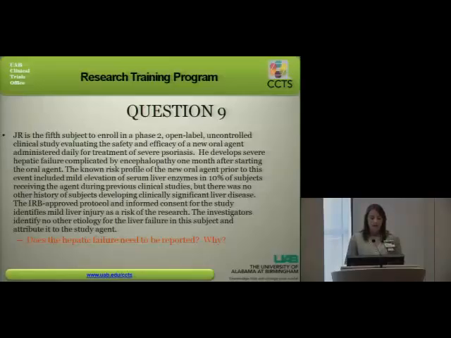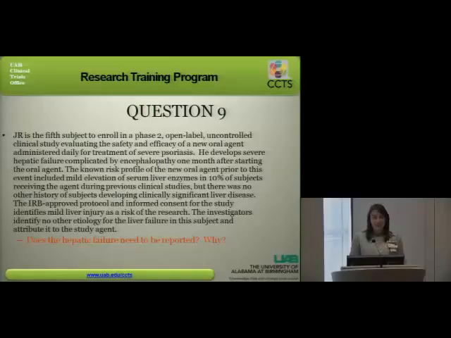The known risk profile of the new oral agent prior to this event included mild elevation of serum liver enzymes in 10% of the subjects receiving the agent during previous clinical studies, but there was no other history of subjects developing clinically significant liver disease. The IRB approved protocol and informed consent for the study identifies mild liver injury as a risk of the research. The investigators identify no other etiology for the liver failure in this subject and attributed it to the study agent. So does this hepatic failure need to be reported, and why?